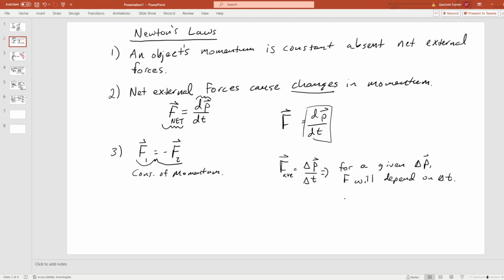For very short delta t's, result in large forces. So if your change in momentum occurs over a very short time span, then you get very large forces. If, however, longer delta t's, smaller forces.